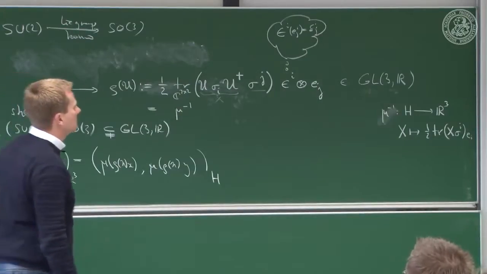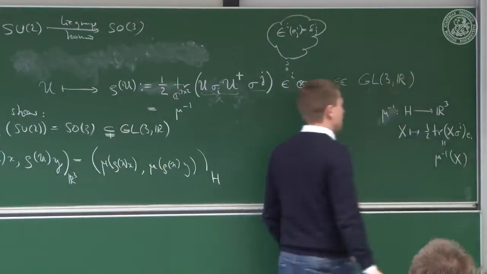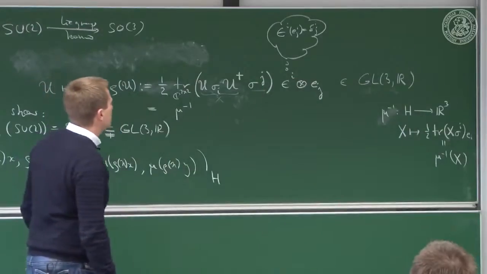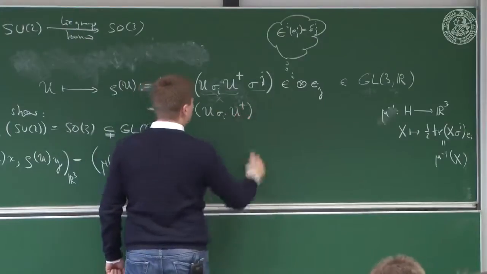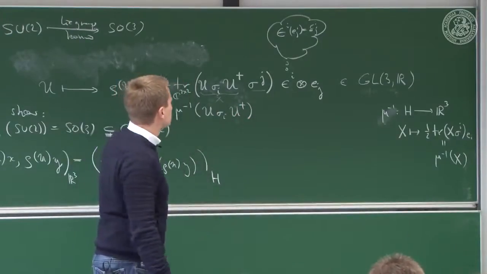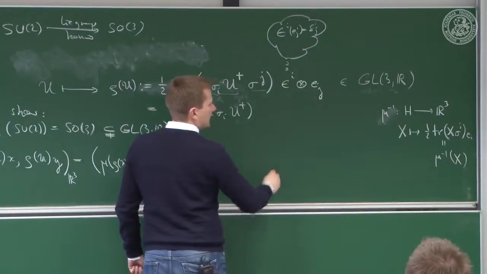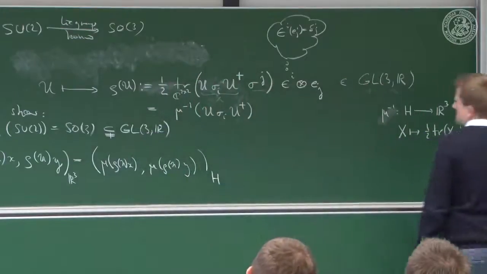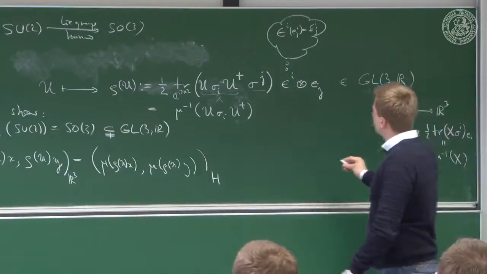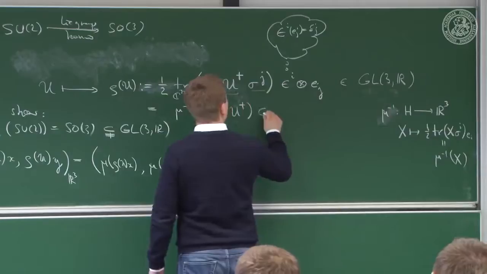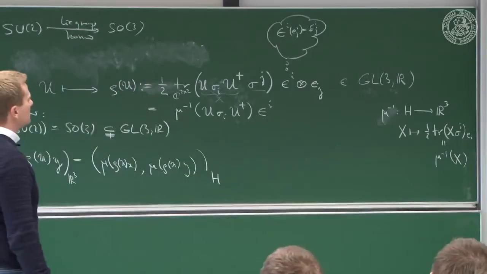Hang on, so this is mu inverse of x, so it's the mu inverse of u sigma I u dagger, epsilon I, hang on, and mu inverse sigma j.